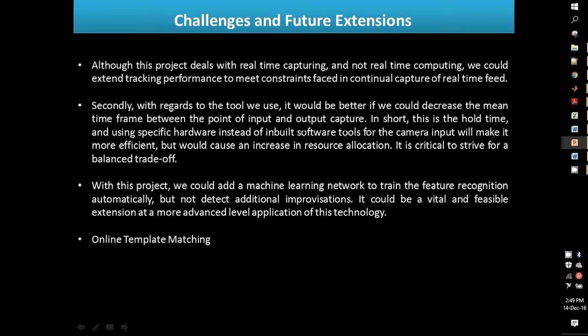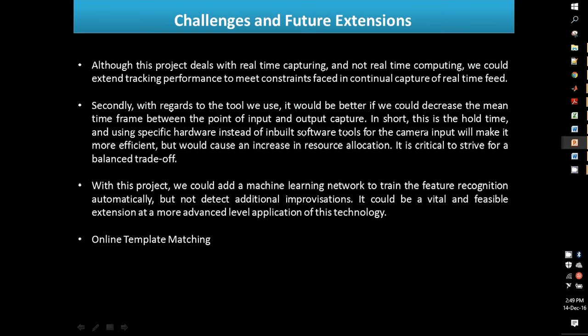Now, although this project deals with real-time capturing and not real-time computing, we could extend tracking performance to meet constraints faced in the continual capture of real-time feed, where there's a lot more necessity for resource allocations as well as signals. Secondly, with regards to the tools that we use, it would be better if we could decrease the mean time frame between the point of input and output capture.